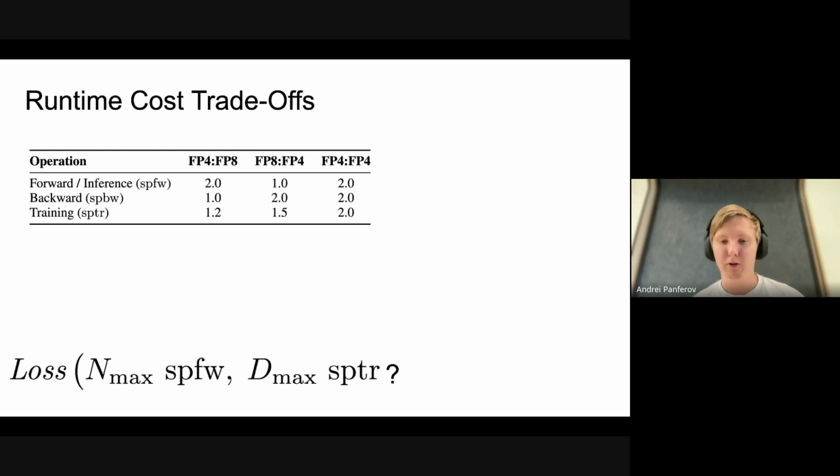Similarly, we can do the same for the backward pass, but it's a little more complicated because it's not just multiplying the data count by the training speedup. You actually have to divide by the forward speedup, because when you take a model and lower its precision, your model actually has more parameters, so the compute, which is the multiplication of your token count and your forward pass cost, actually increases.